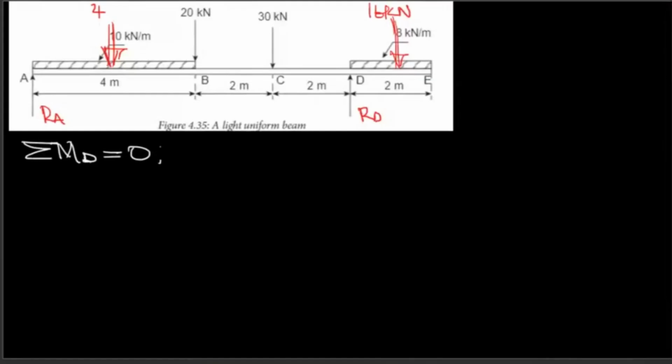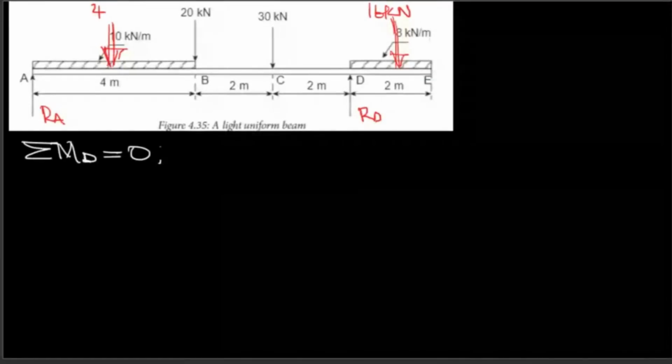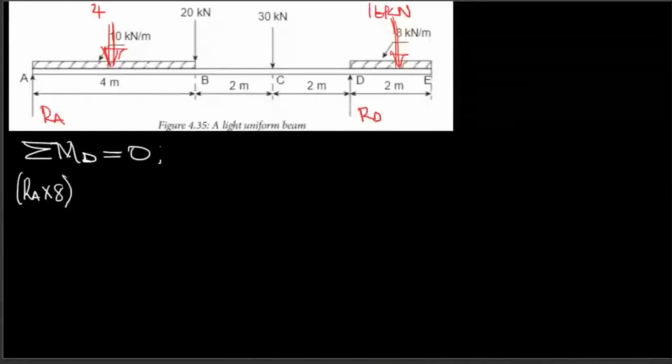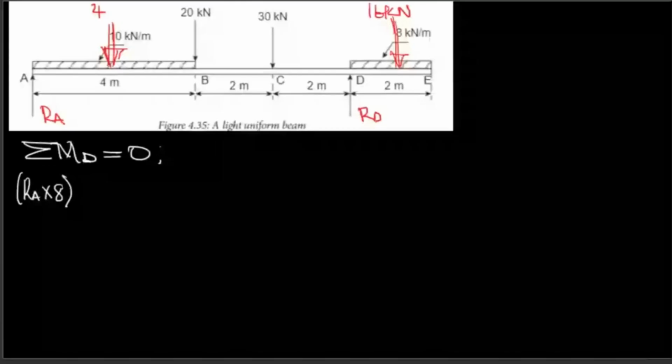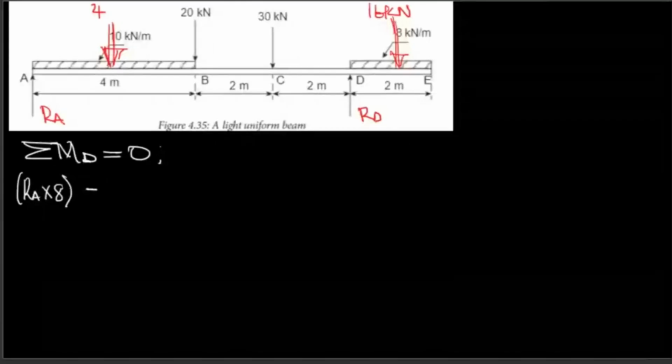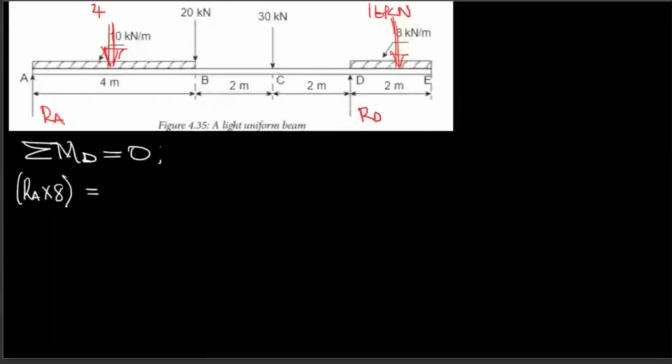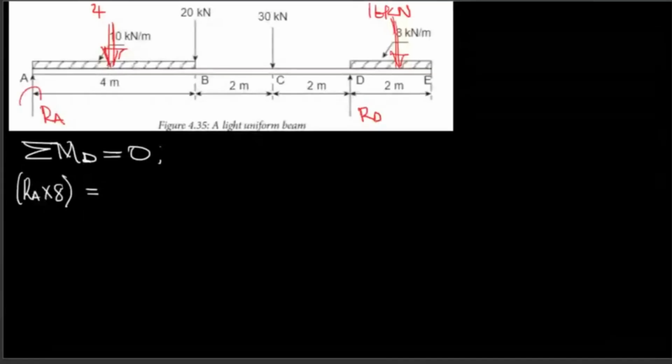Let's quickly determine the reaction. So I'm going to take moment about D. So it's going to be RA multiplied by 8 equals to, so this one, we are taking moment about this support here.